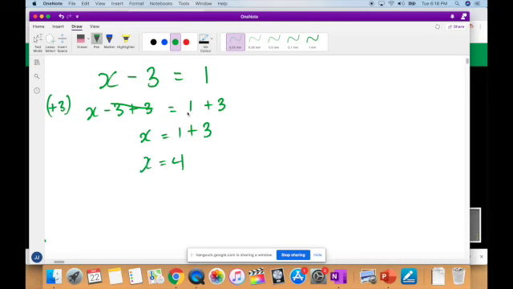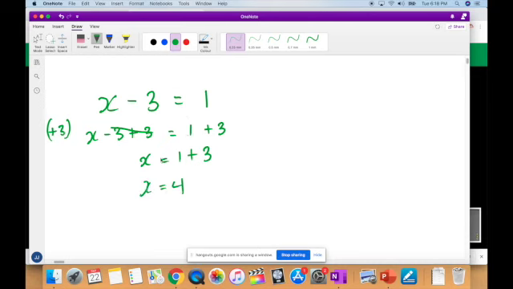Now you could see here, what you guys were saying is transpose the 3. You take the negative 3 and you fling it across and it will become positive 3. But the question is, why does this work? This is why this works.